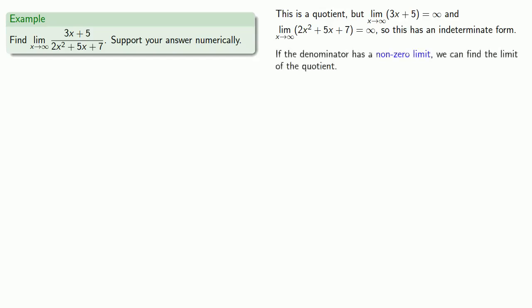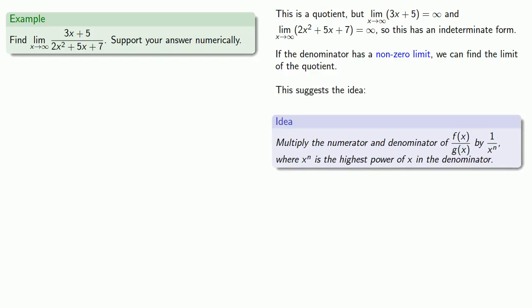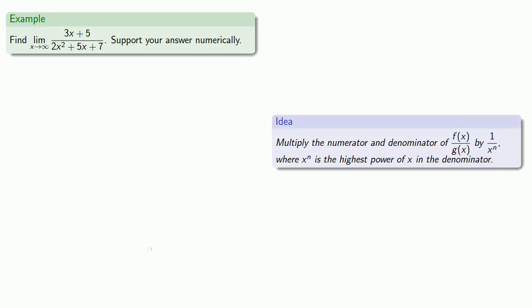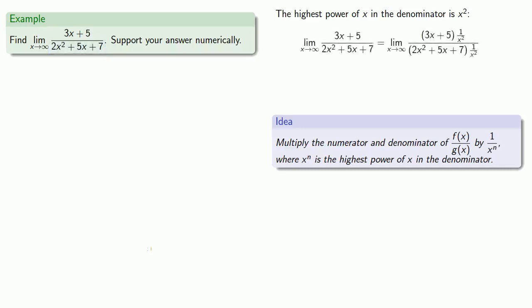And this leads to the following idea. If we have a rational function, we'll multiply the numerator and denominator by 1 over x to the n, where x to the n is the highest power of x in the denominator. So in this rational function, the highest power of x in the denominator is x squared, and so we'll multiply numerator and denominator by 1 over x squared.